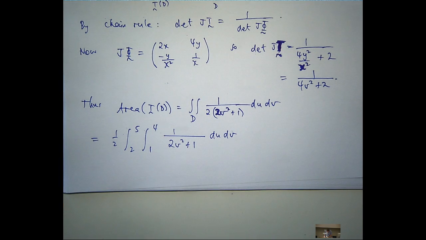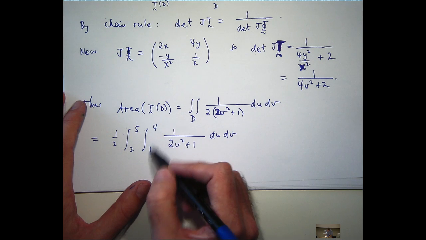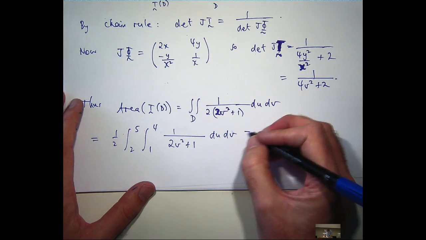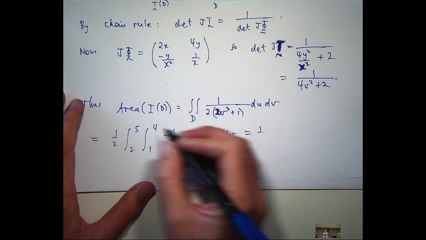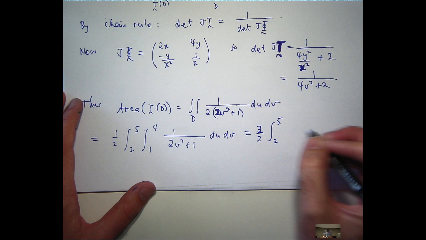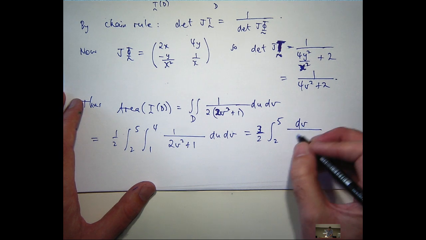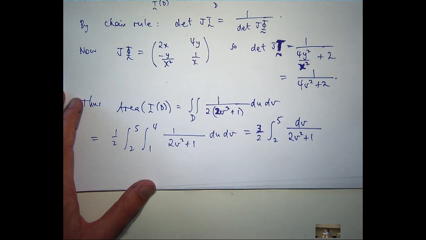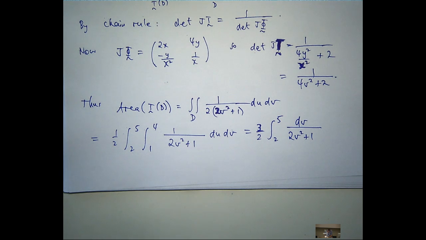Okay, so do the inside integral first. You can see that the integrand doesn't depend on v at all. So just look at the difference here and remove the middle. So 4 minus 1 is going to be 3, so take that to the front. And I'm going to get something like this. To integrate this final integral, it's going to be something involving tan inverse, right?